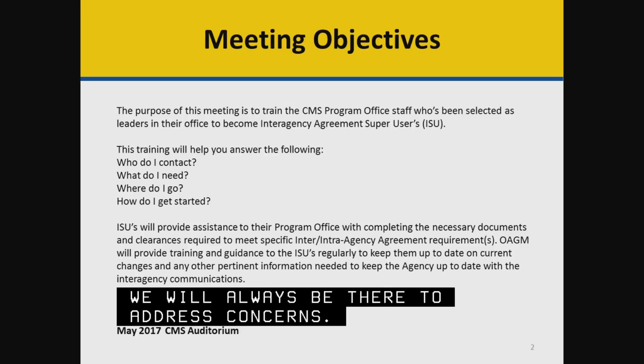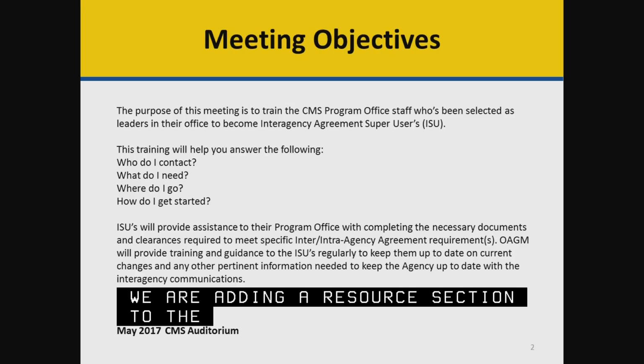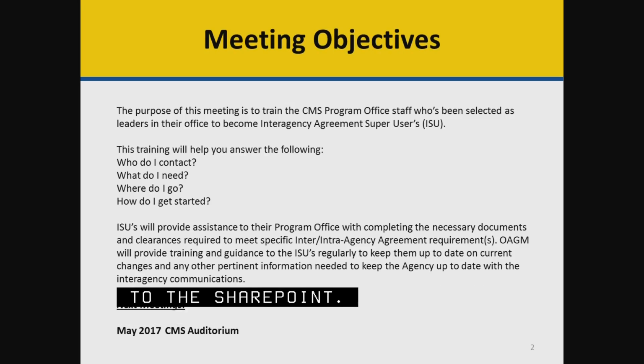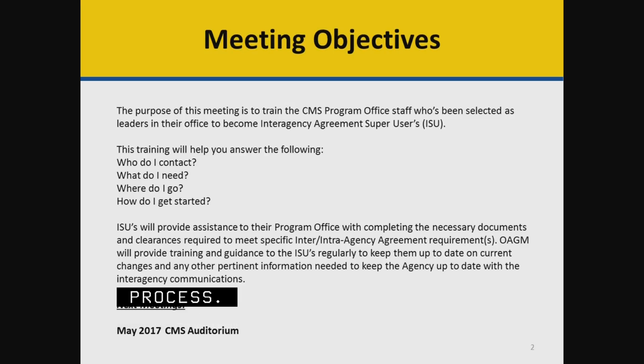So we're adding a resource section on the IAA SharePoint. It's under the IAA process tab on the IAA dashboard, where we have the forms and the process. We're adding a resource section to that. And under that, we'll add the IAA checklist and the frequently asked questions and anything else that would be resourceful for you all. Okay?